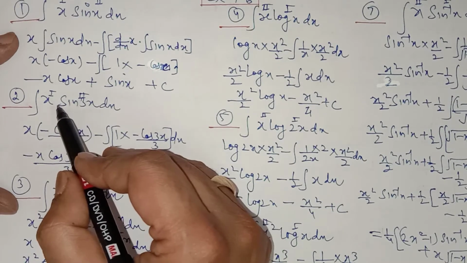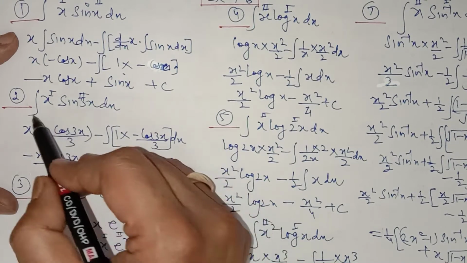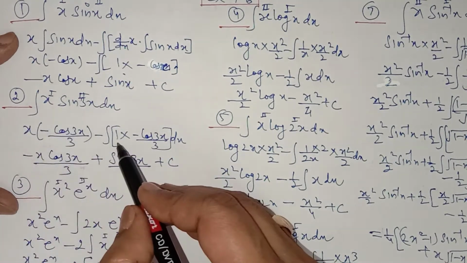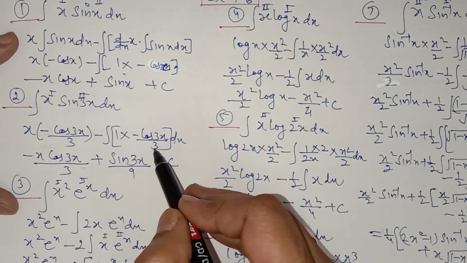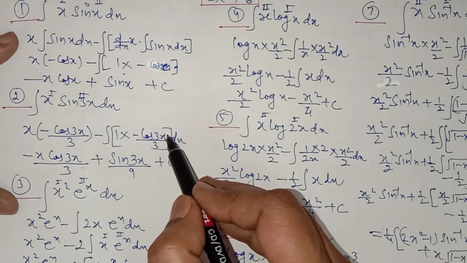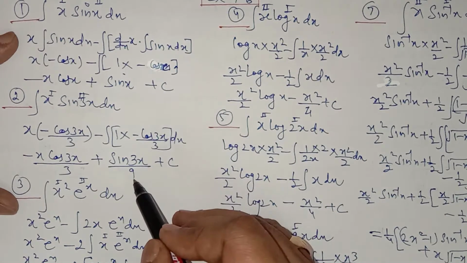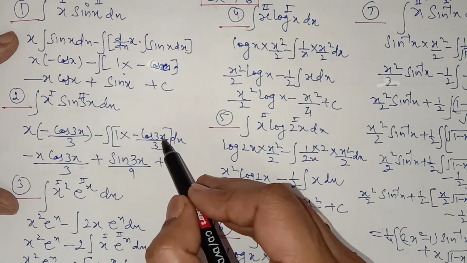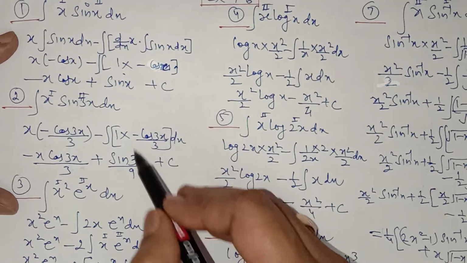Minus the derivative of the first, that is x, whose derivative is 1, multiplied by the integral of the second, which is minus cos 3x upon 3. Arranging this, you are getting cos 3x, and the integral of cos 3x is sin 3x divided by 3. So 3 is already there, so it will be 9, minus minus plus.